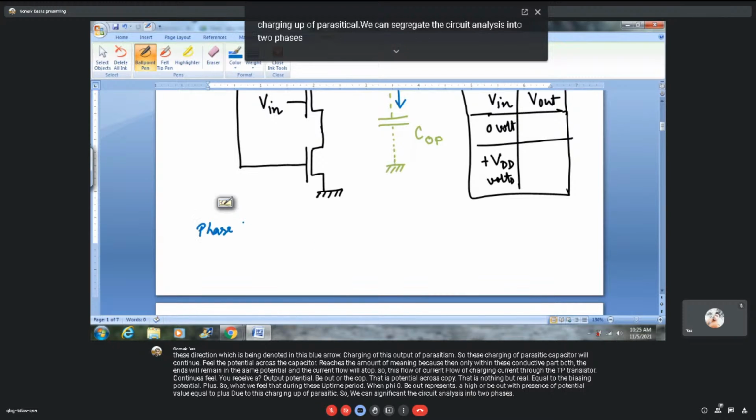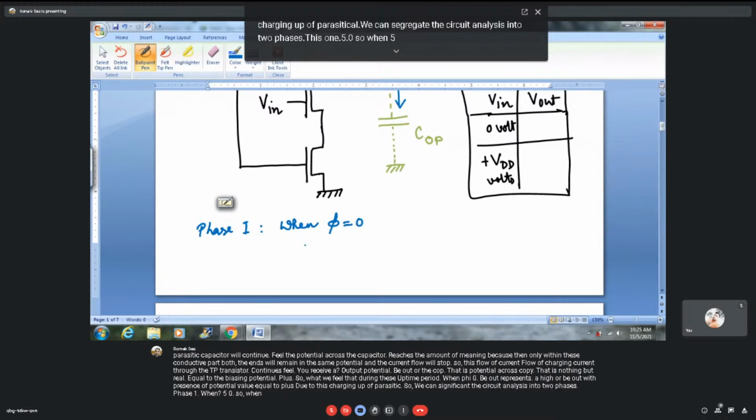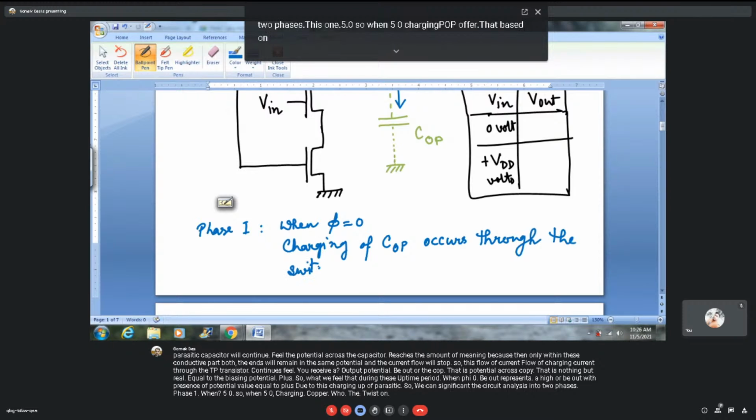Phase 1, when phi is 0: charging of COP occurs through the switched on transistor TP.